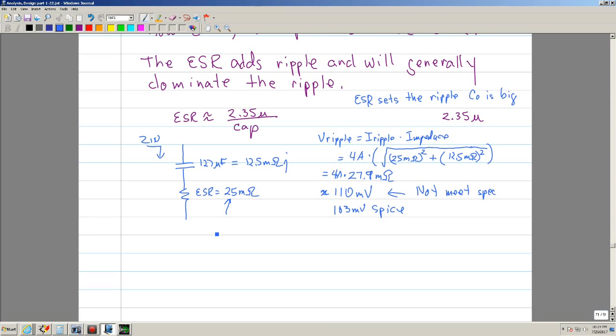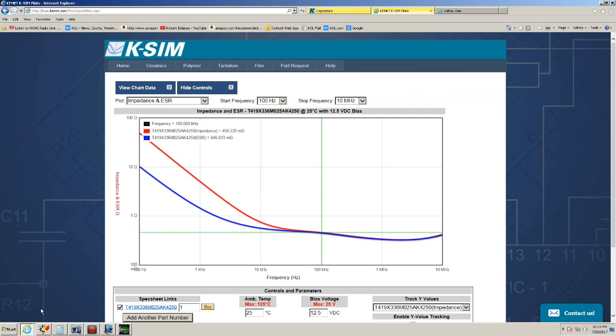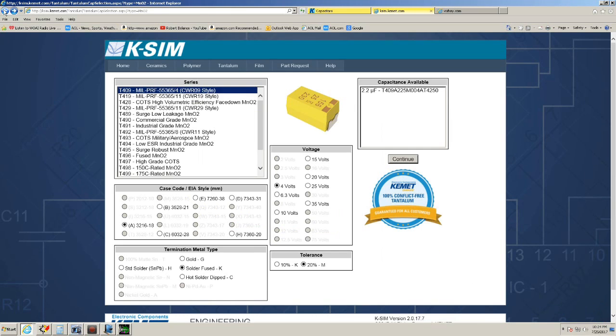Okay. So what do you do? And what would be the practical approach? You have to select capacitors that will give you your specification. Here's a website. This is a KEMET website, and here's various capacitors.